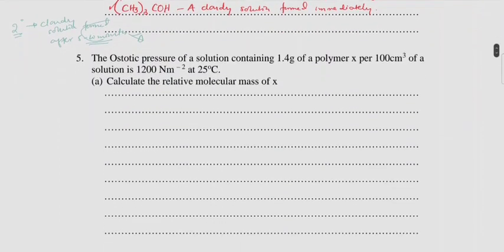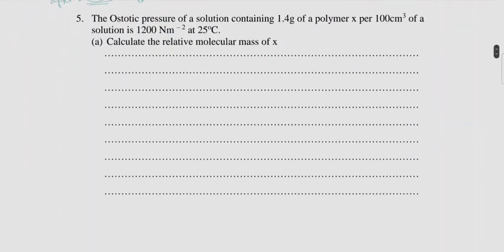Okay, let's go on. The osmotic pressure of a solution containing 1.4 gram of polymer X per 100 centimeters cubed of solution is 1200 Newton meters squared at 25 degrees Celsius. Calculate the relative molecular mass, RMM. The first thing when approaching this question is underline the key things. Mass equals 1.4 grams.